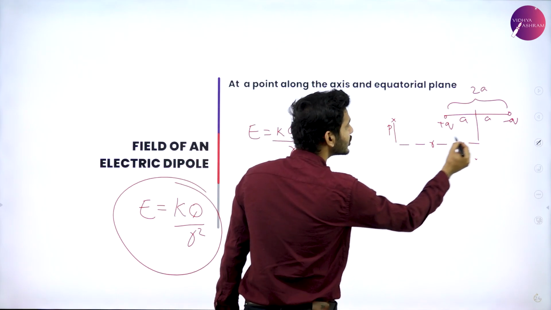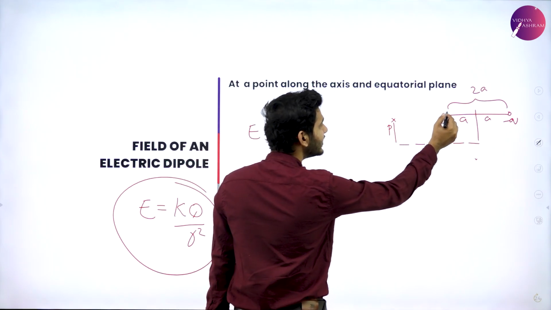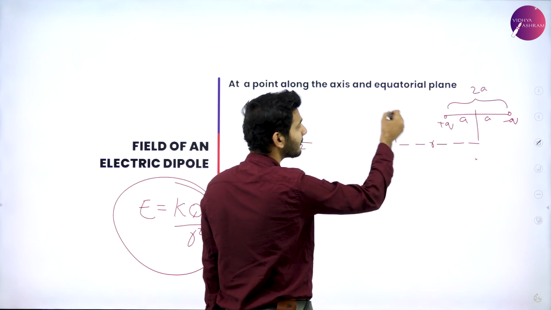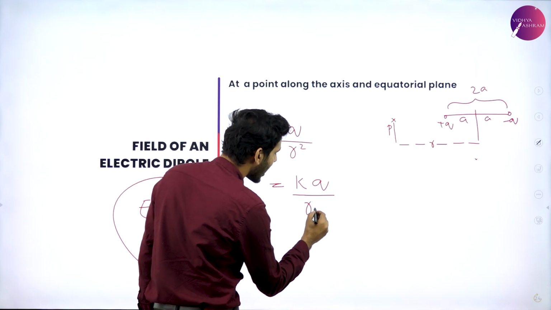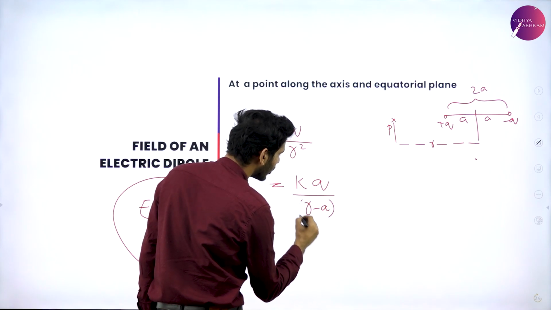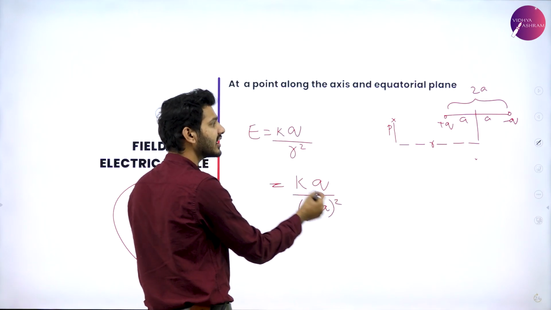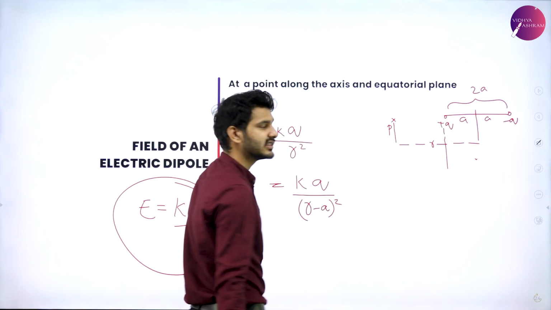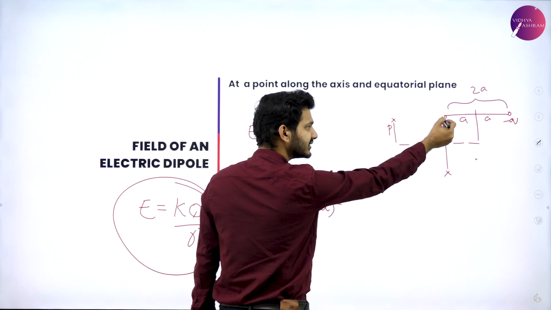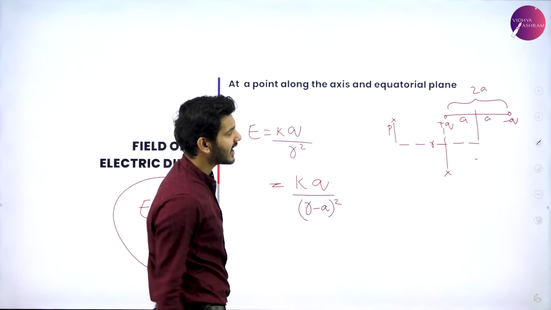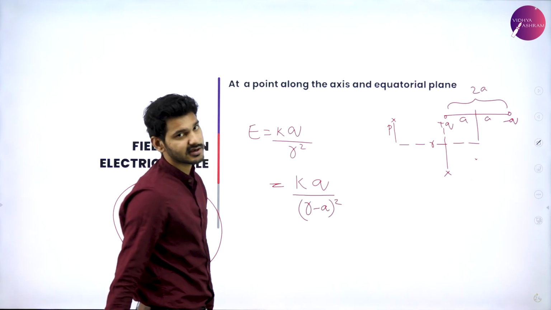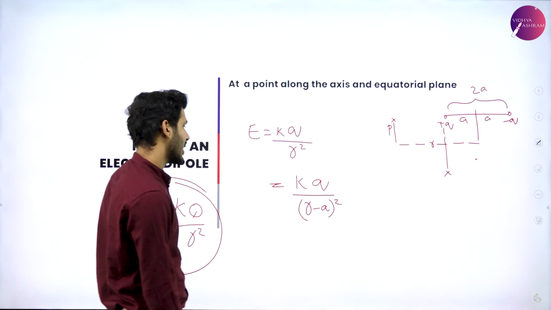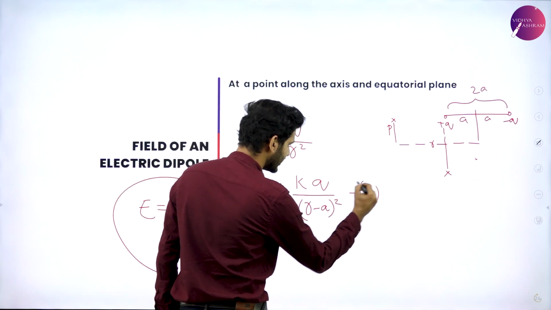Why? Because the total distance is R and we only need the distance from positive Q to P. So instead of R, we have R minus A, because we only need the distance from positive Q to the point P, and that is R minus A all square. Let us put that as 1.